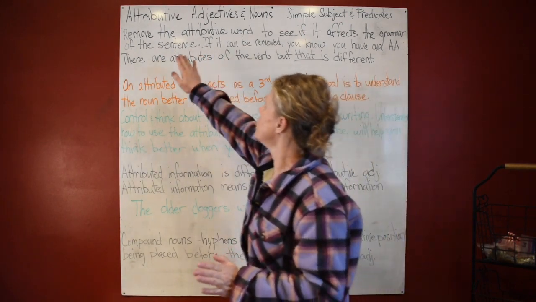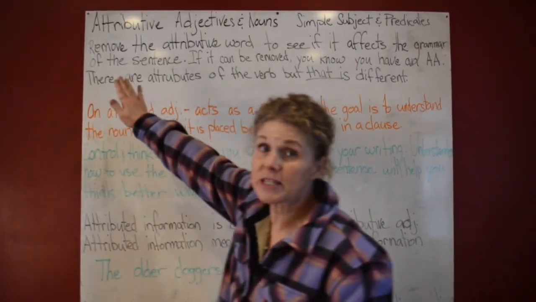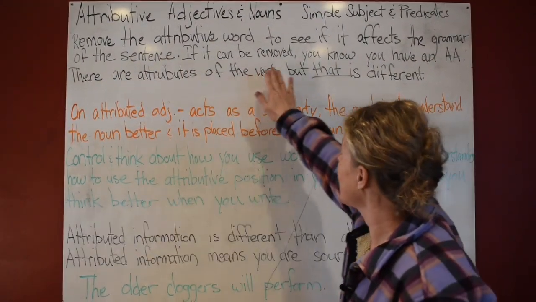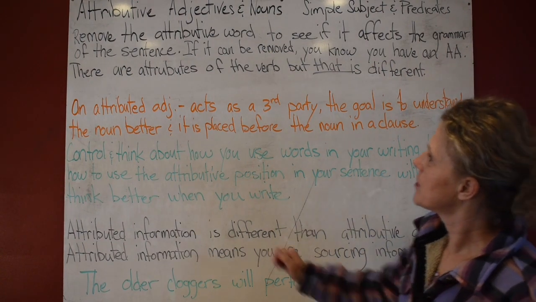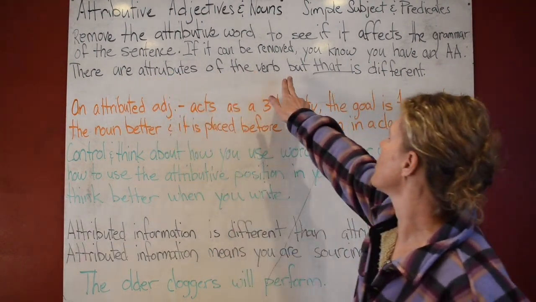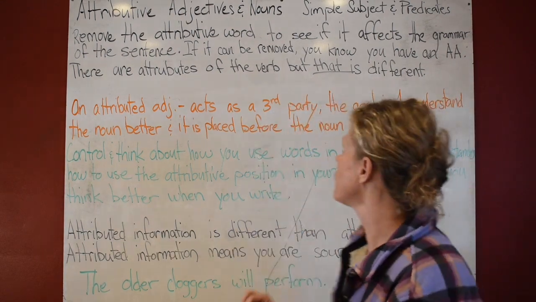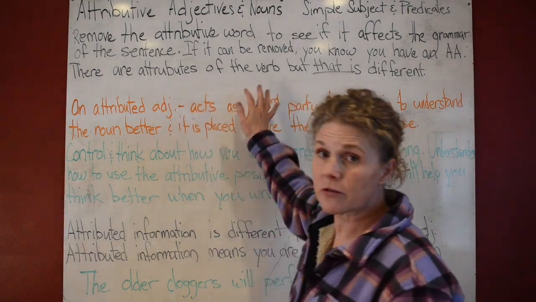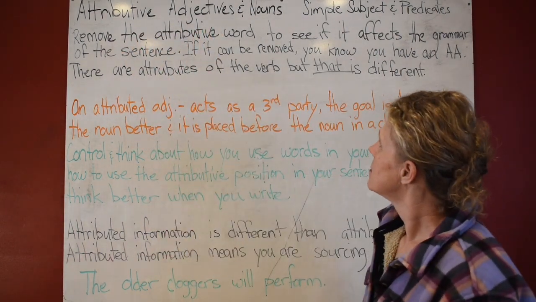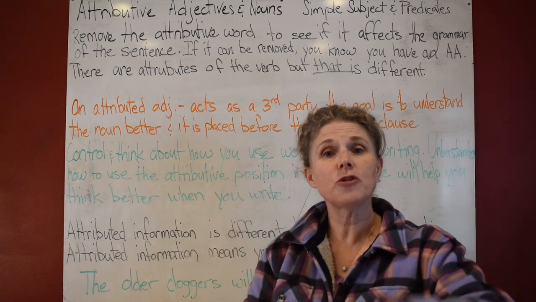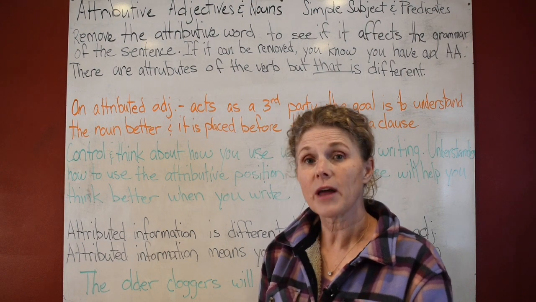Remove the attributive word to see if it affects the grammar of the sentence. If it can be removed, you know you have an attributive adjective. There are attributes of the verb, but that is a completely different thing. You have to be really careful that an attribute of a verb is not the same as an attributive adjective. Make sure that if you can remove the adjective, the one that comes before the noun, that's where you see it.